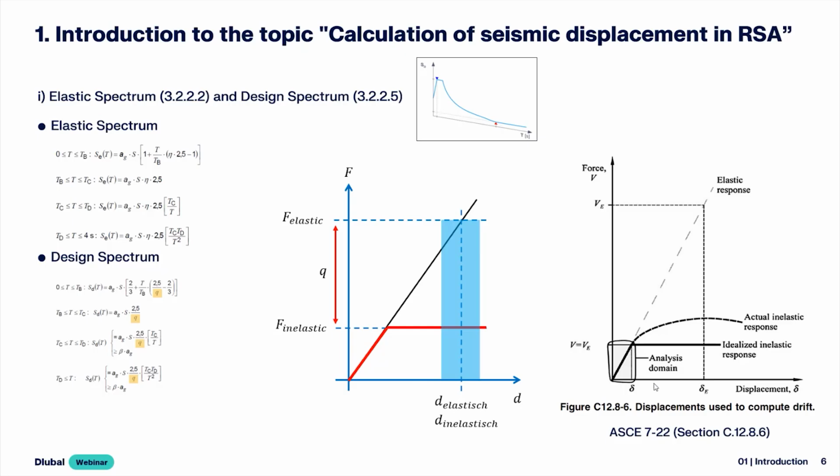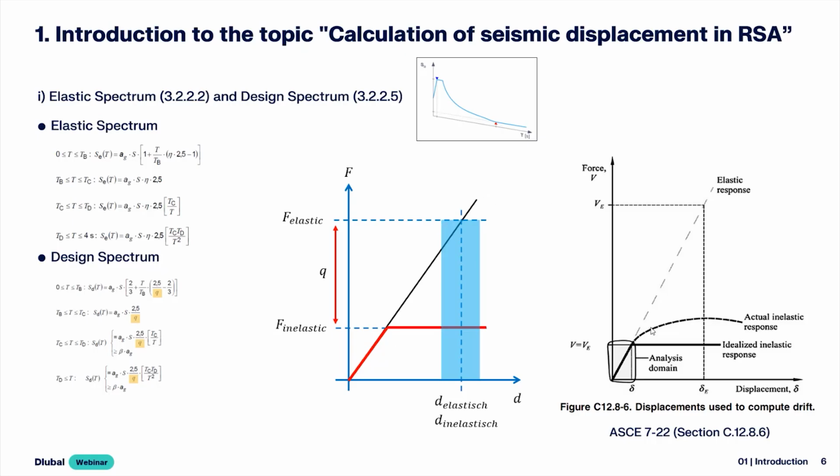I'm going to show here the curve of this concept for the ASCE 7, the base norm from the United States, which is like the source for all these seismic analyses. So it's almost the same graph.